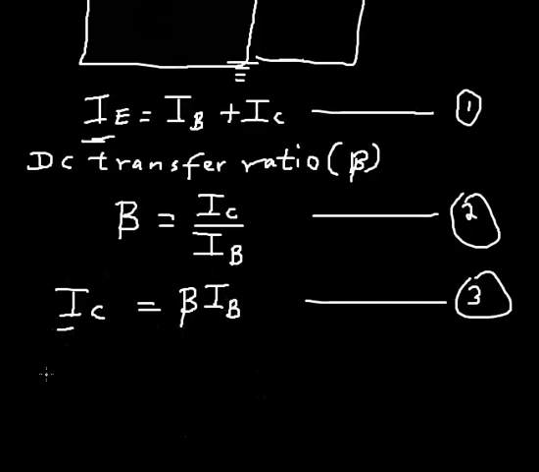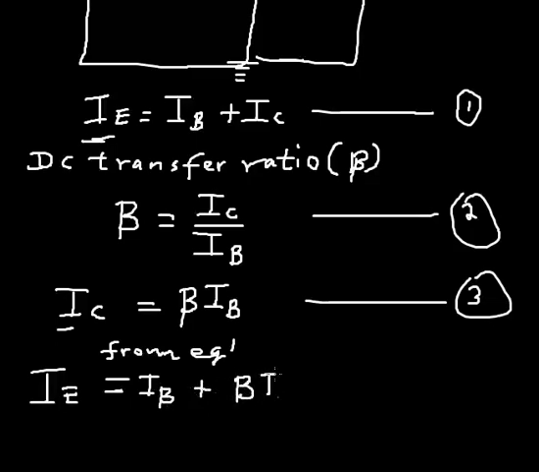Invariably, I can simply say that IE, from equation 1, if I substitute IC being equal to beta IB, is going to be equal to IB plus IC, which is beta IB. How does that actually help me? Let's flow with it.